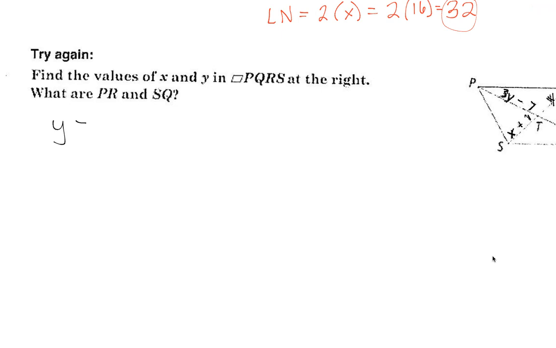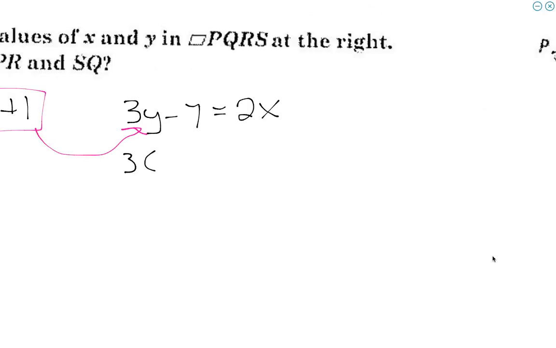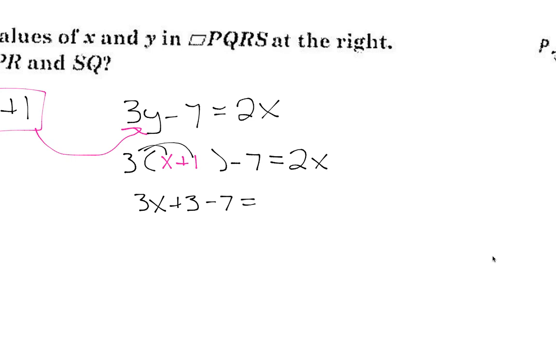So y equals x plus 1 and 3y minus 7 equals 2x. If y equals x plus 1, I'm going to plug that in for y. We're going to distribute that. 3x plus 3 minus 7 equals 2x.